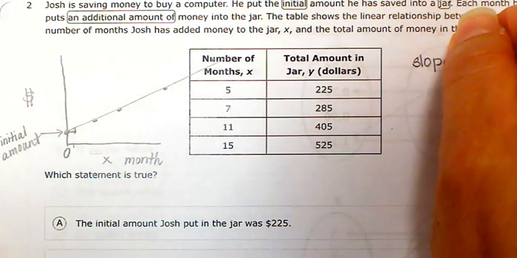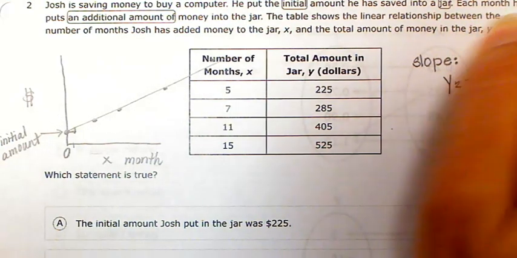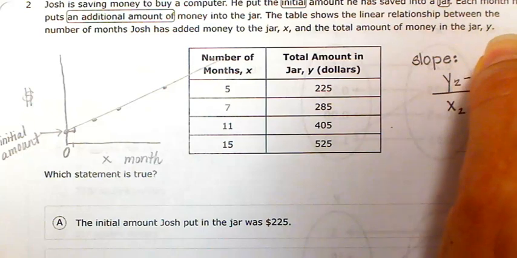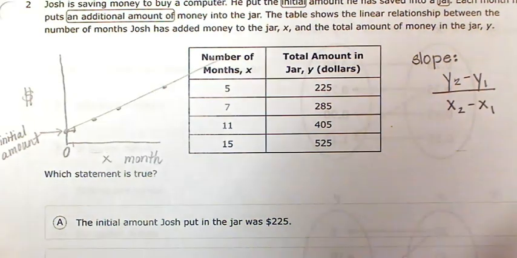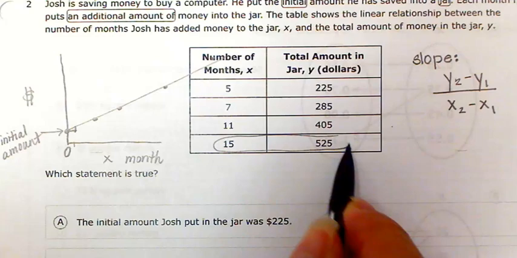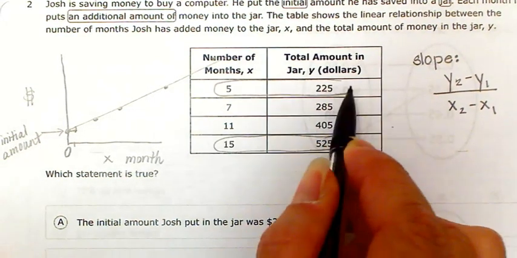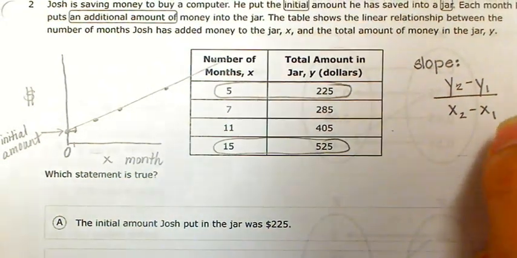Here's your formula: y2 minus y1 over x2 minus x1. It doesn't matter which pair of points you pick, but I'm going to pick the first and the last.